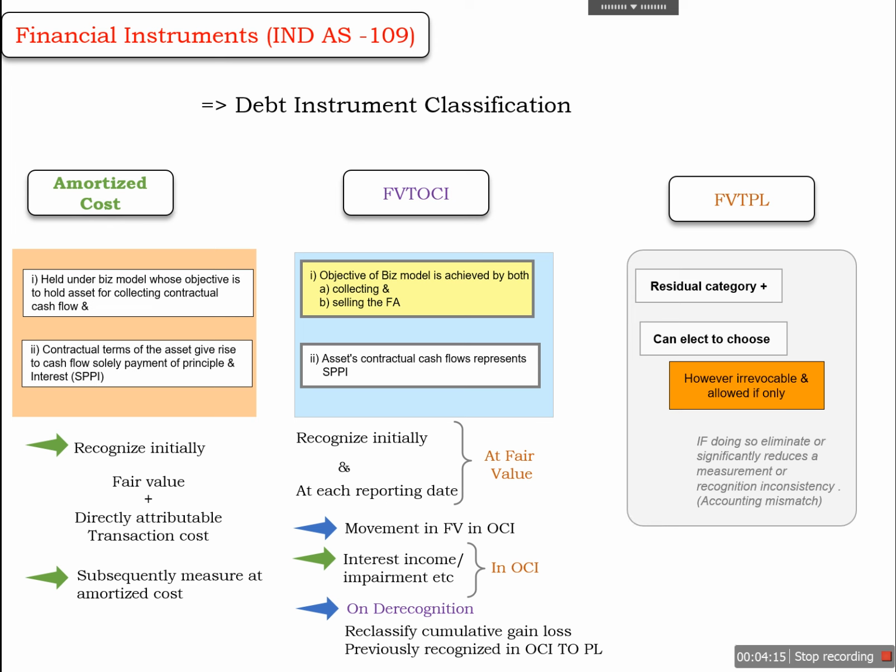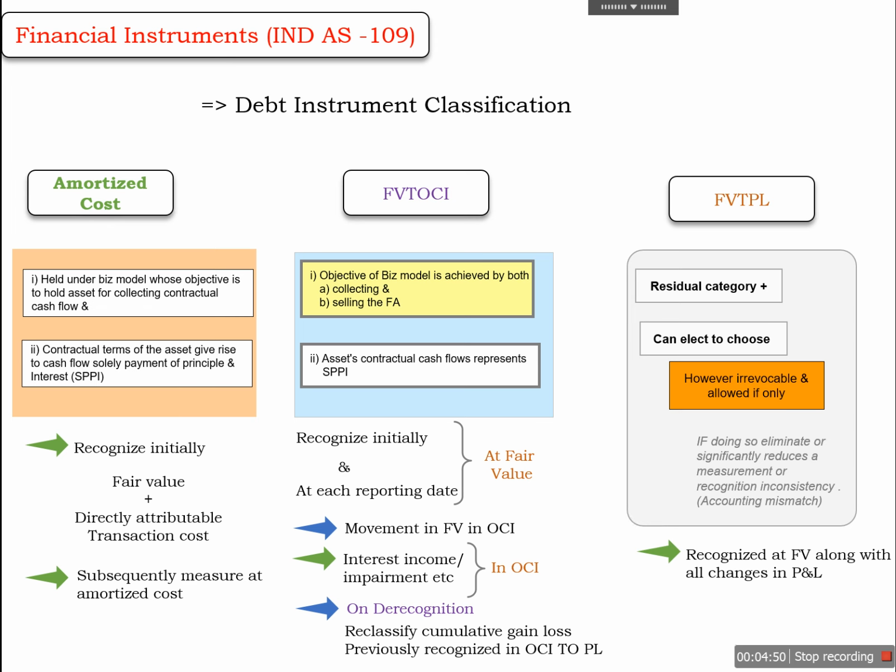For example, when there is an amortized cost liability that is used to fund an FVTOCI financial asset, and both use a common risk that gives rise to opposite changes in fair value that tend to offset each other, in that case both the financial liability and financial asset can be measured at FVTPL because they eliminate the accounting mismatch in the classification.